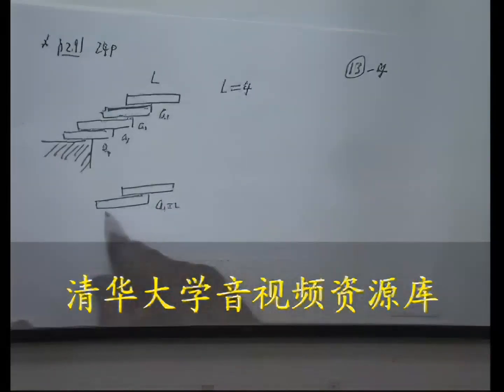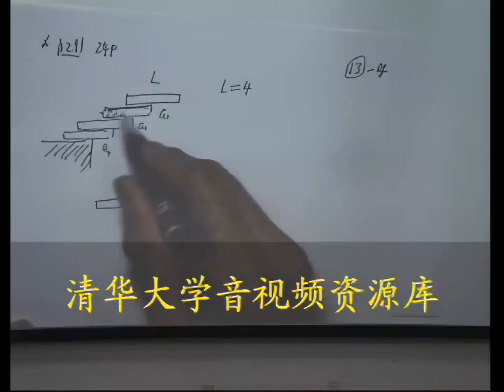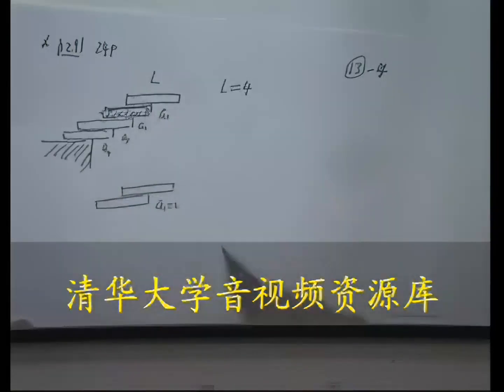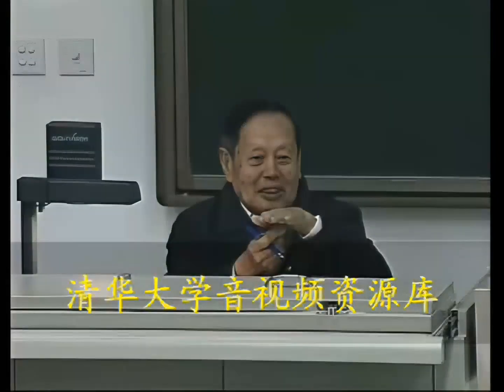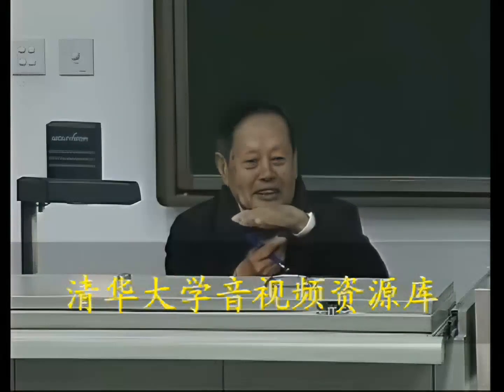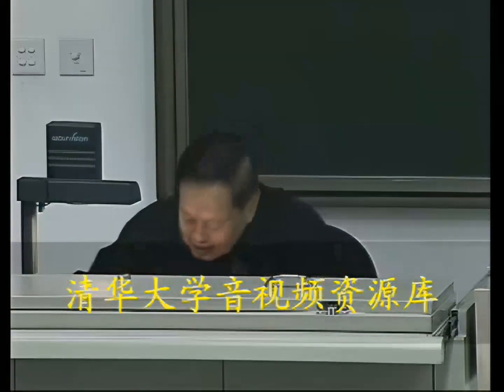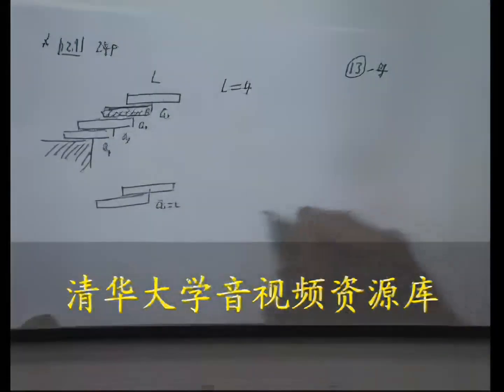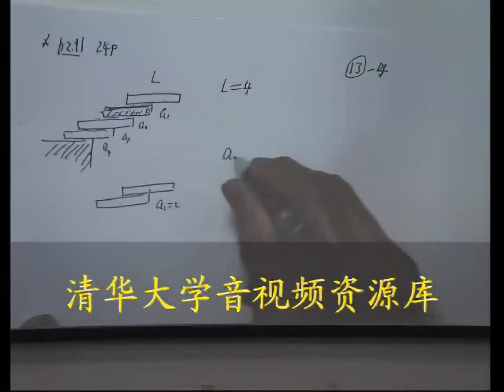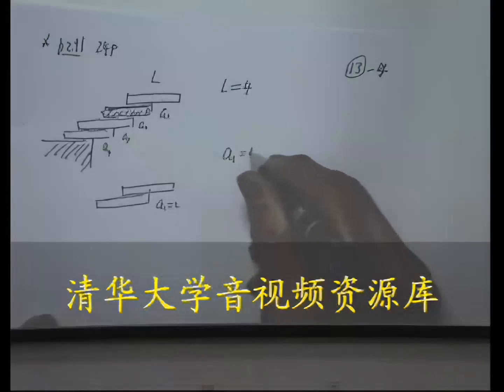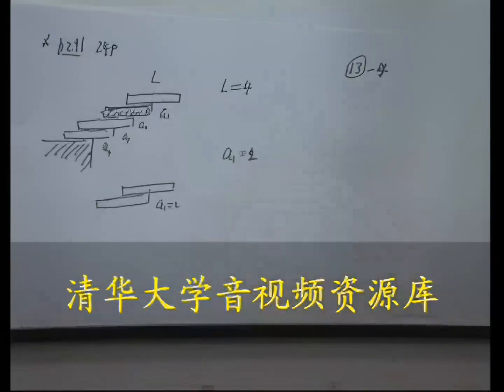Because if this block is already stable there, you put the force on, and clearly if you make it just halfway going out, it's just balanced. So we say A1 is equal to 2.